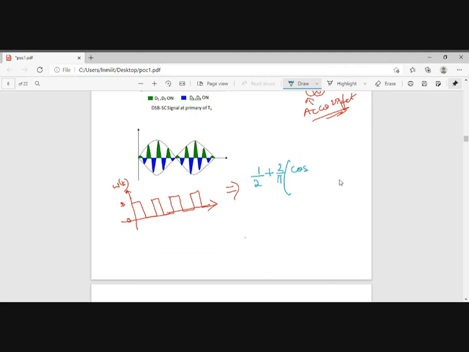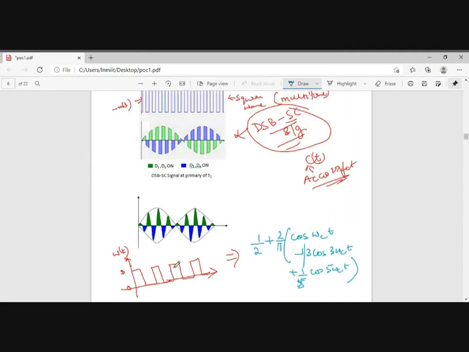So it was cos(omega c t) minus 1/3 cos(3 omega c t) plus 1/5 times cos(5 omega c t), and so on. This was studied in the switching modulator, and we have already derived this.